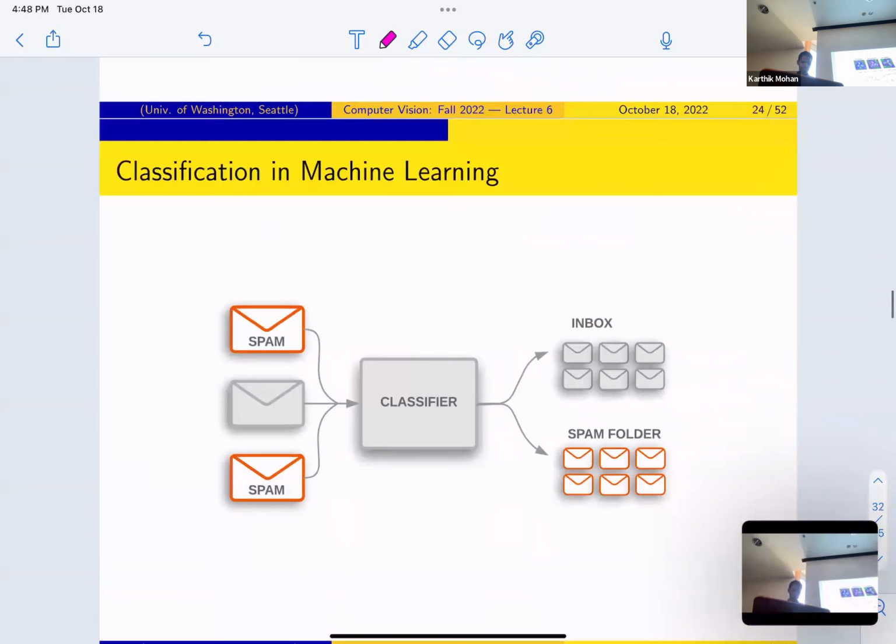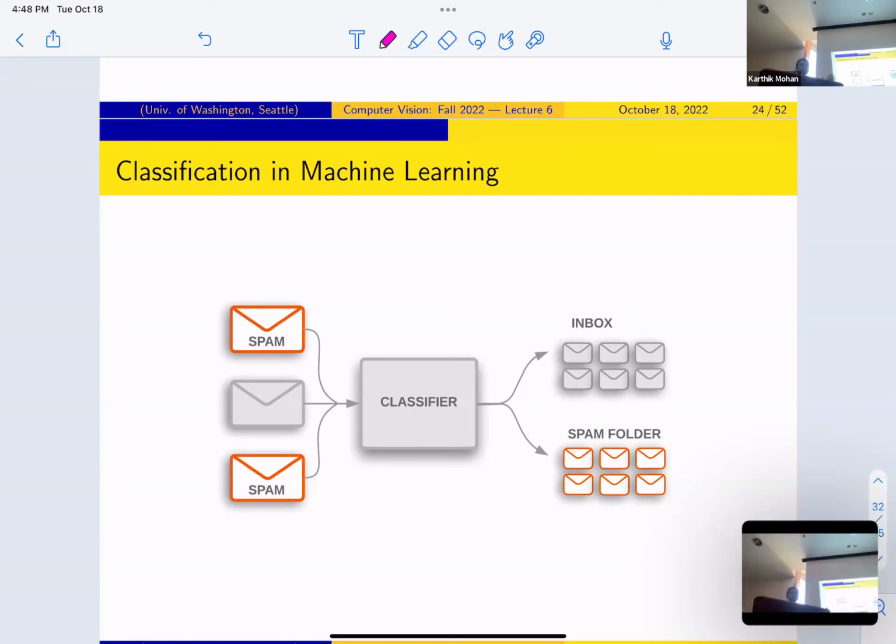So you can have classification for emails. Not related to computer vision, but another example. Let's say you use Gmail and you have emails coming into your inbox, and your classifier says it's spam, it's not spam, it's spam, and so on, right? You don't encounter many emails that are not spam but are in the spam folder.